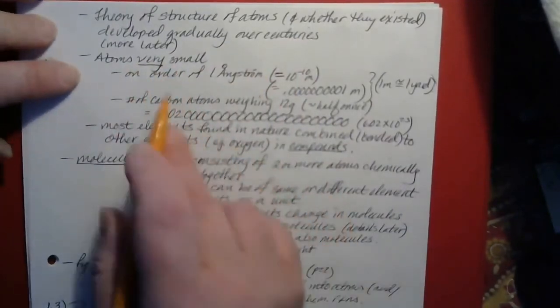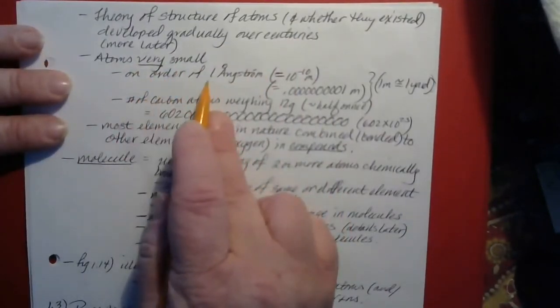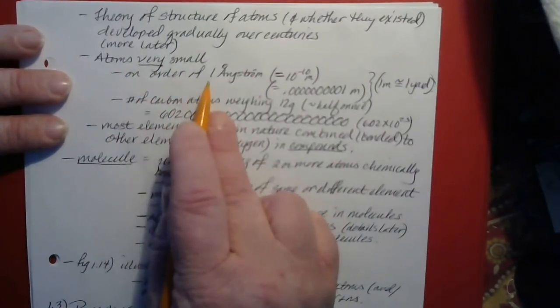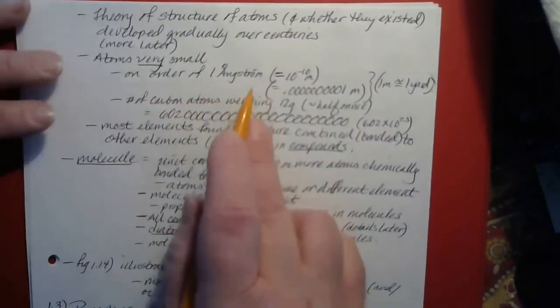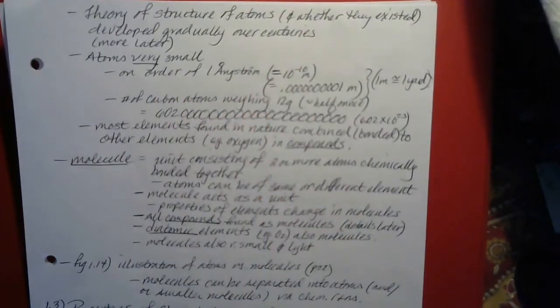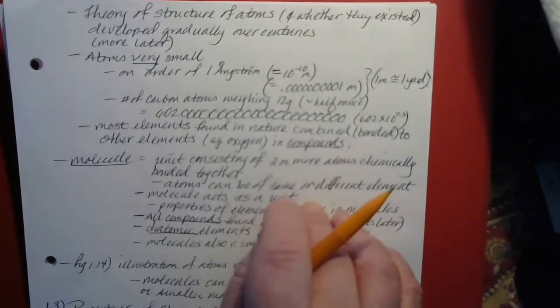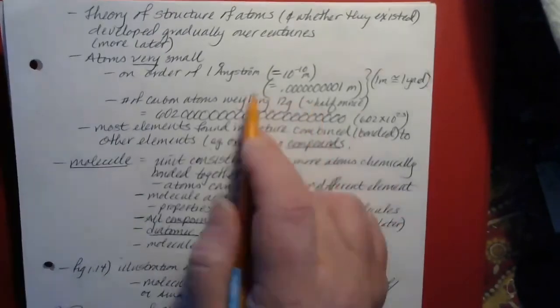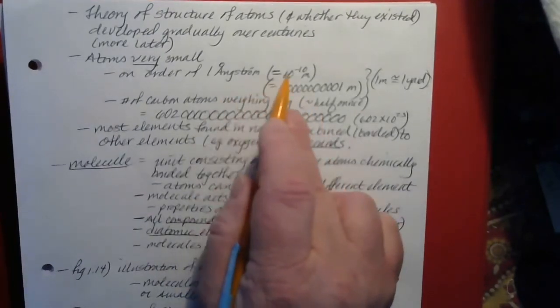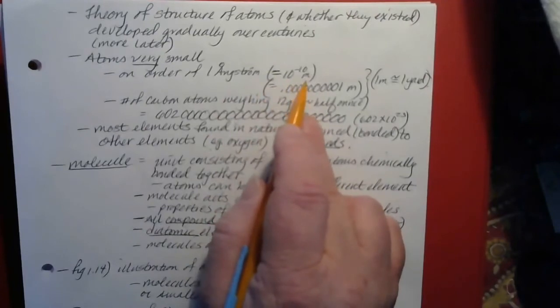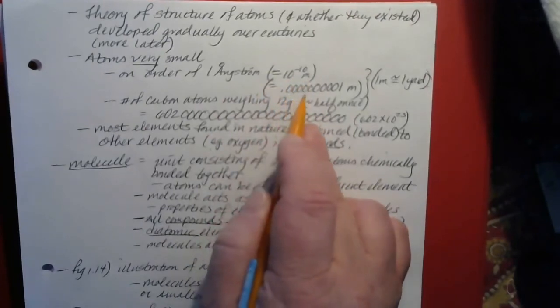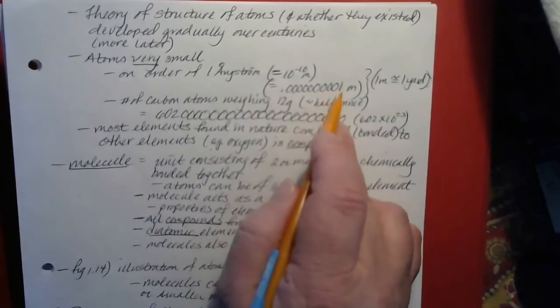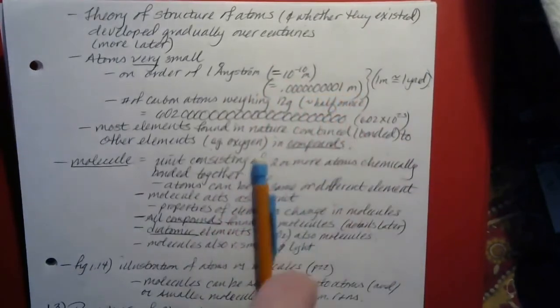Atoms are very small. Atoms in size are on the order of about 1 angstrom. An angstrom is a special metric unit used in chemistry and physics because it's about the size of an atom. An angstrom is 10 to the minus 10 meters, or 0.0000000001 meters.